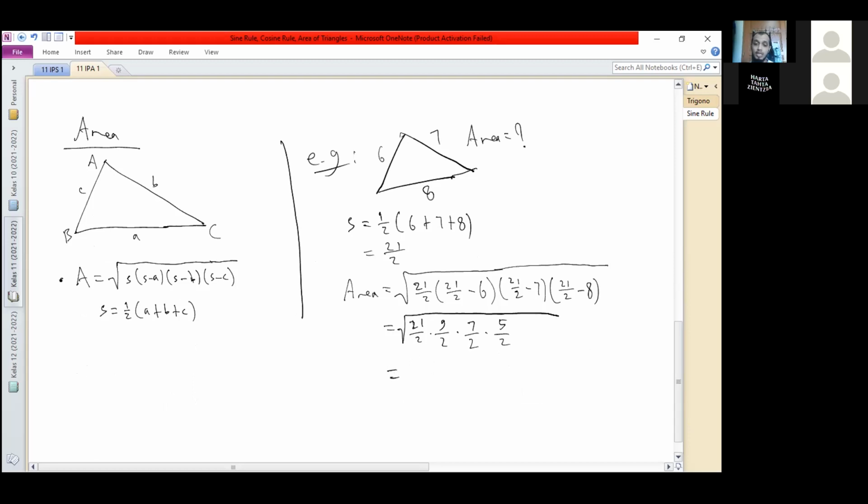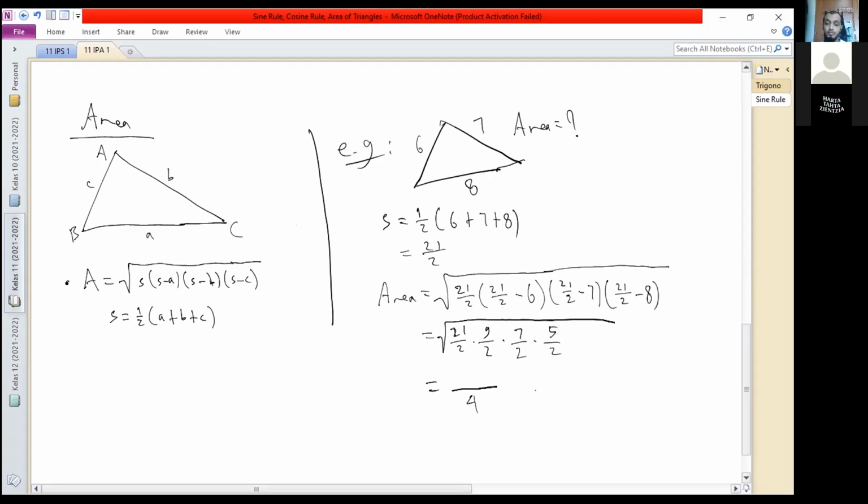Okay, let's start with the denominator. We have 2, 2, 2, and 2. So the square root will be 4. For the numerator, we have 9. Let's rearrange first.